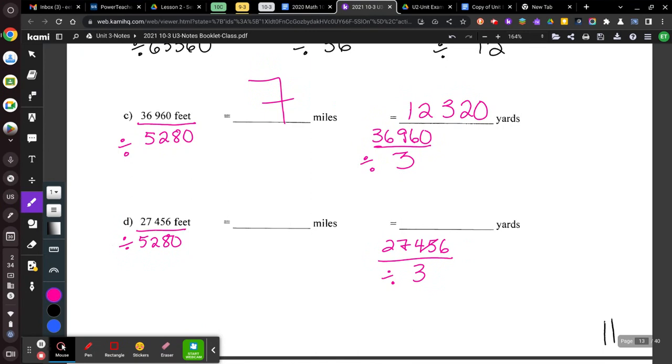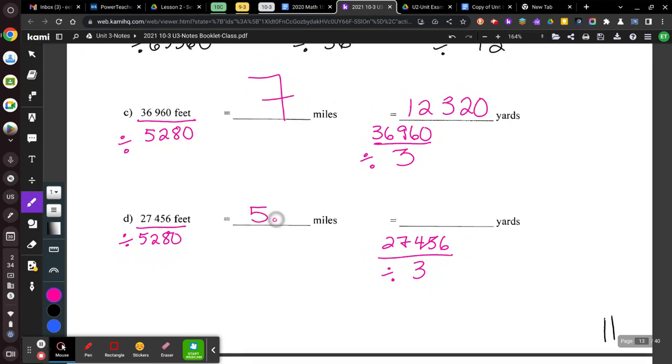Alrighty. So now on this one, we should get 5.2 miles, and then 91.52 for yards. All right.